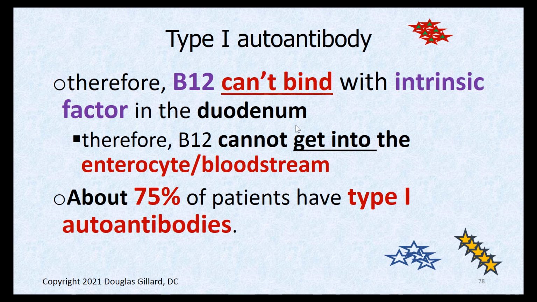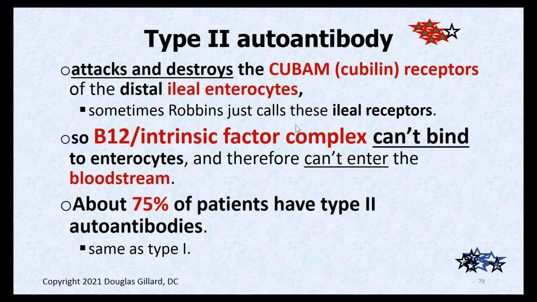Those type of questions are coming. So if you can't bind with intrinsic factor, you can't absorb vitamin B12, and you get vitamin B12 deficiency. So about 75% of patients who are diagnosed with megaloblastic anemia actually have these type 1 autoantibodies.